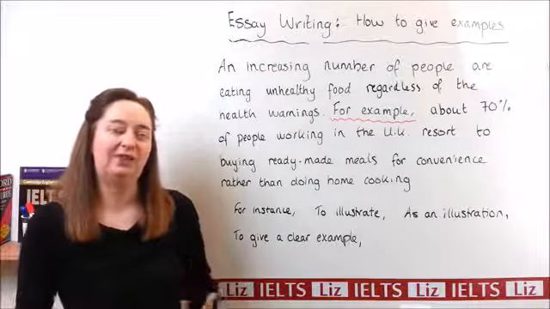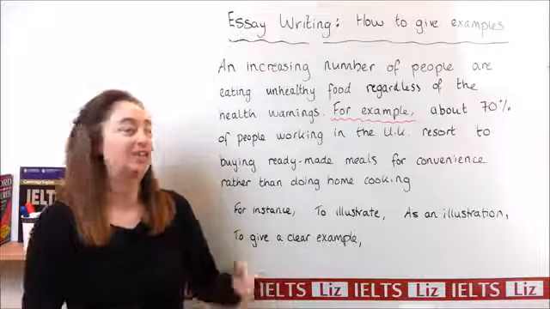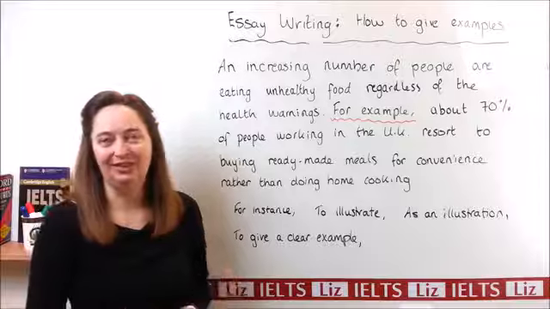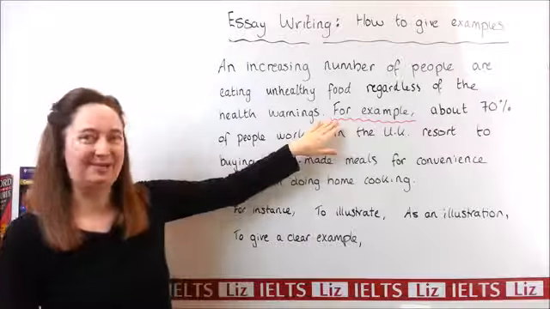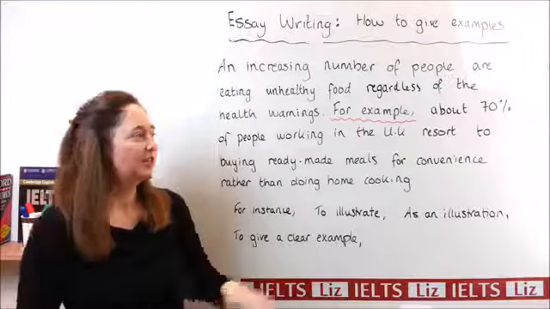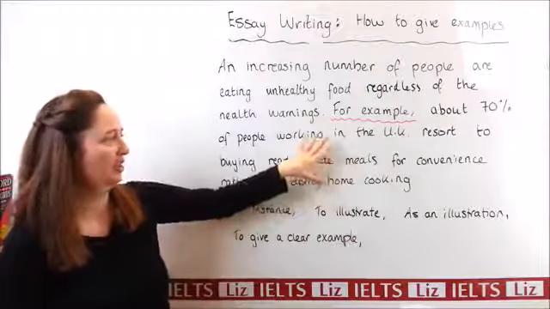So even after you've written your essay, you can go back through your essay to check that you are using a range of linking devices for giving examples. And if you find that you've repeated, for example, you can quickly change it and put to illustrate. So these are ways of giving examples without changing the grammar.